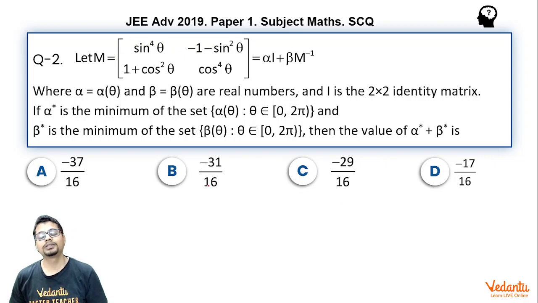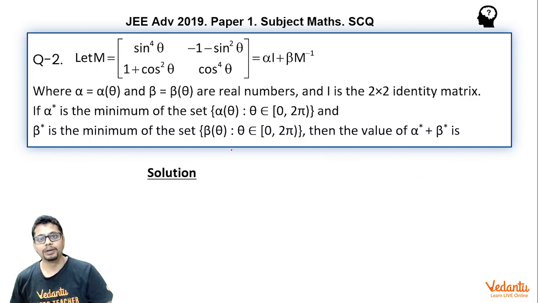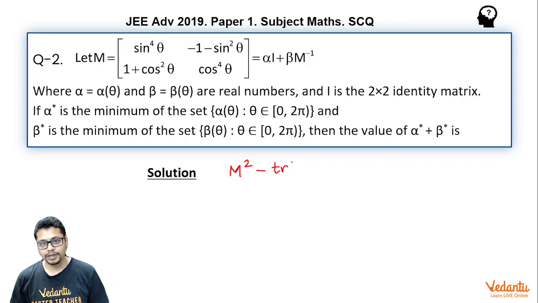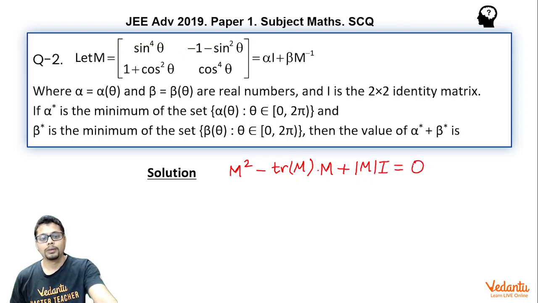Now solving this is very simple if you know something called Cayley-Hamilton theorem. As per Cayley-Hamilton theorem, since this matrix M is an order 2 matrix, it satisfies the equation M square minus trace of M times M plus determinant of M times identity matrix equal to null matrix.